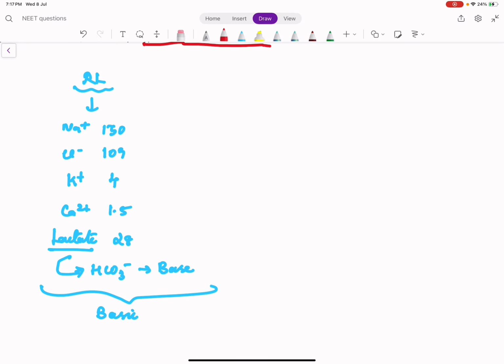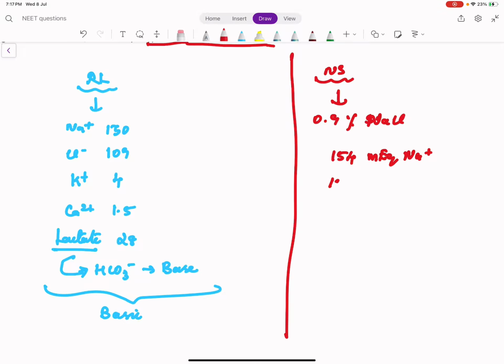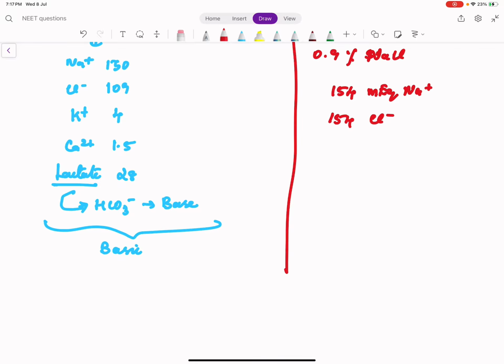On the contrary, what happens with normal saline? Normal saline is actually 0.9% sodium chloride. It has 154 milliequivalents of sodium and 154 milliequivalents of chloride, which is not normal for the body.